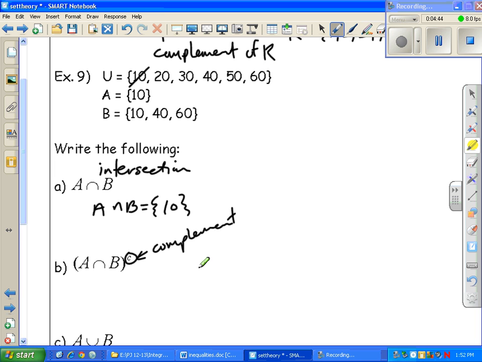Remember, it's all those elements that are left over when you take out the elements of the set you're working with. This time we're working with the intersection of 2 sets, and that intersection was just 10. So the complement of the intersection of A and B would be 20, 30, 40, 50, 60.